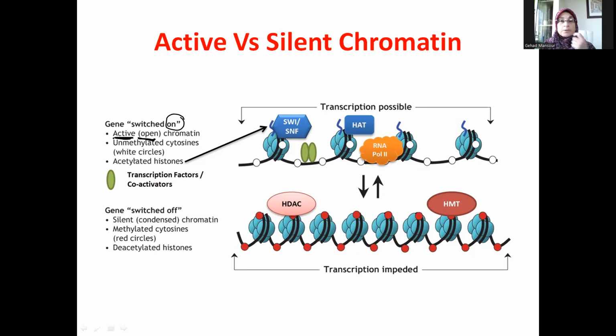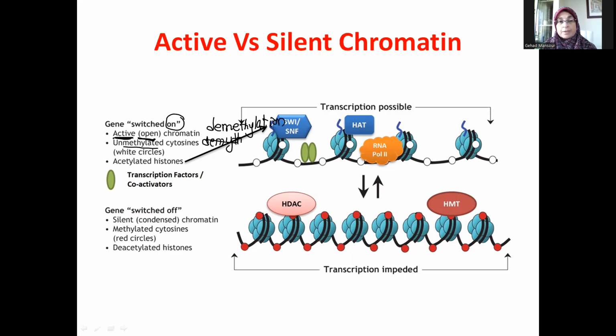And this is because the cell did two maneuvers in order to loosen the chromatin. Number one, we removed the methyl groups from cytosines, from DNA. So this is demethylation of DNA.